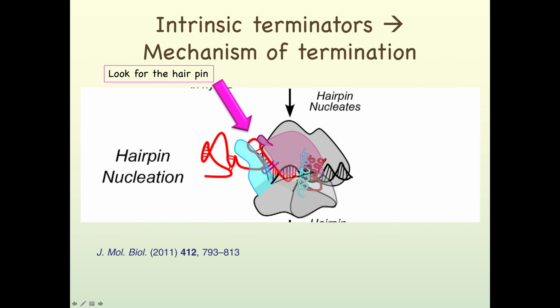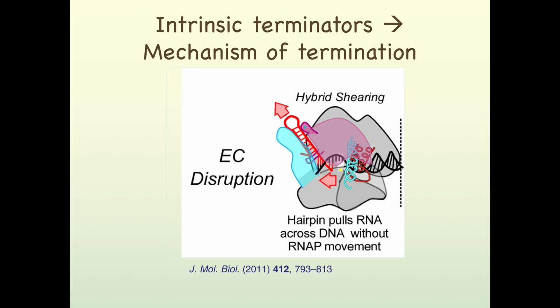As the hairpin forms, it essentially is ripping off the poly-U sequence from the poly-A sequence in the template. So it's shearing away the RNA-DNA hybrid and disrupting that hybrid, and therefore completely disrupting the elongation complex.